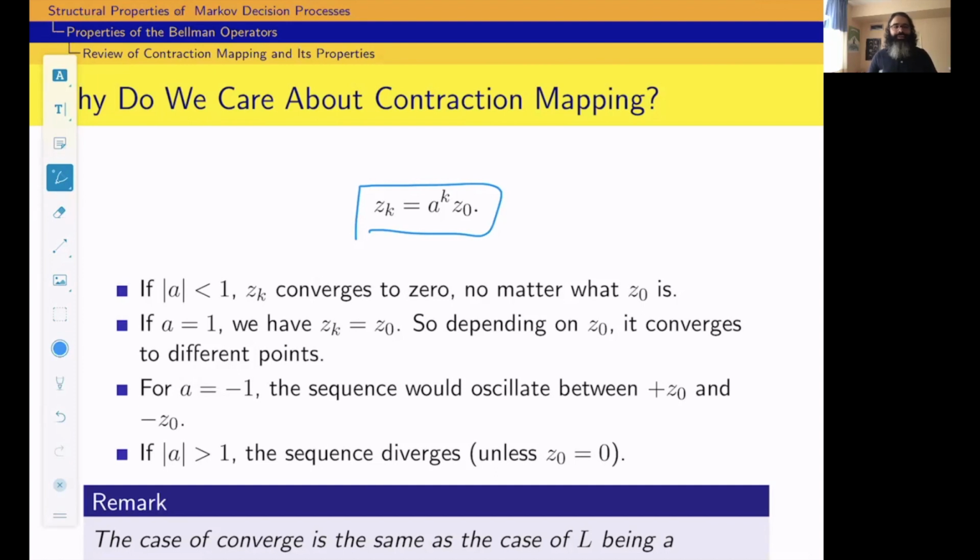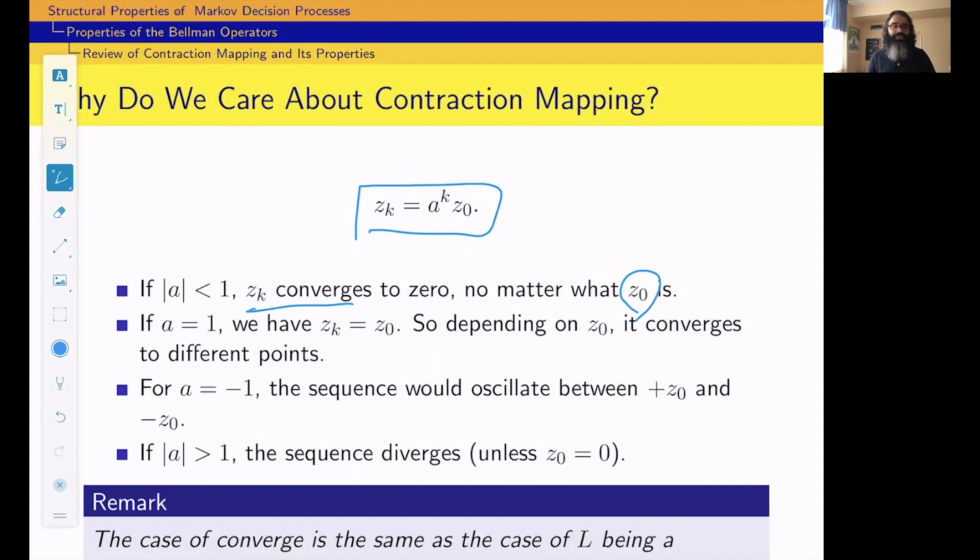Like, does it go to a smaller number, or does it blow up, or does it stay the same? If the absolute value of A is smaller than 1, we have something smaller than 1 to the power of K, so Zk converges to 0. And that's independent of the choice of Z0, as long as it's finite.